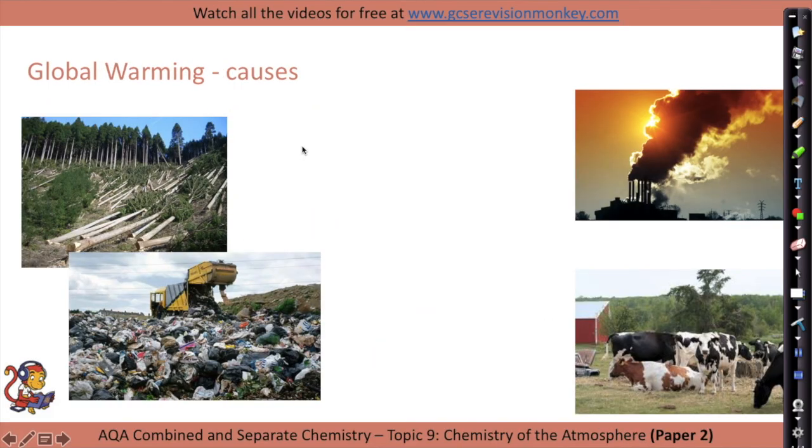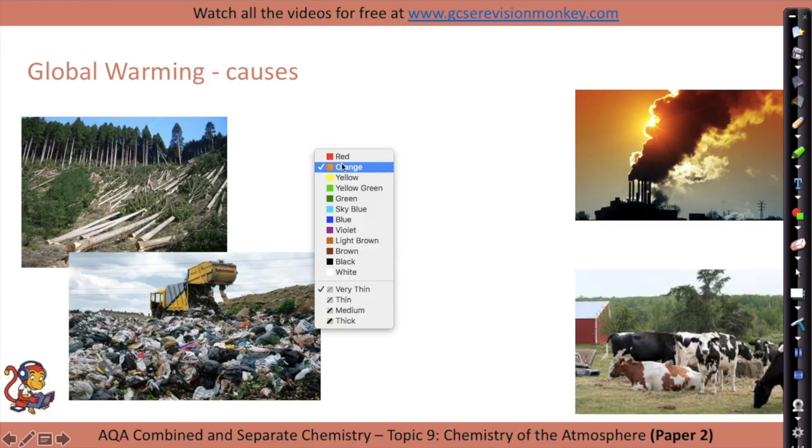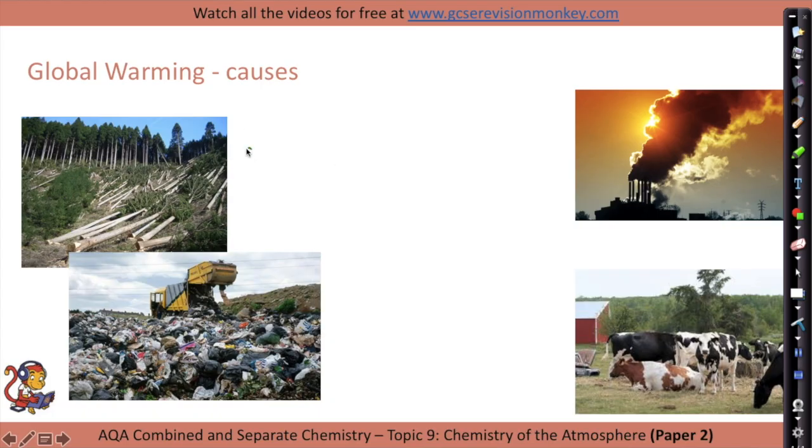So we've looked at the gases that can cause global warming, but why are they rising in our atmosphere? One of the reasons is deforestation. When a tree is alive, it locks up some of the carbon dioxide because it takes in CO2 from the atmosphere.